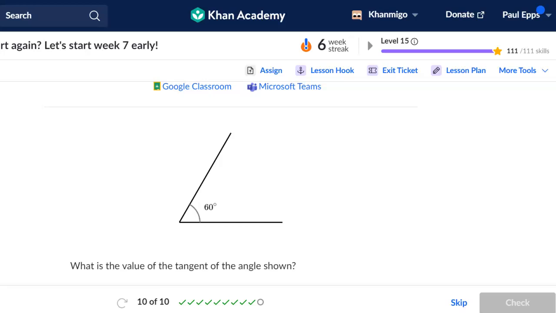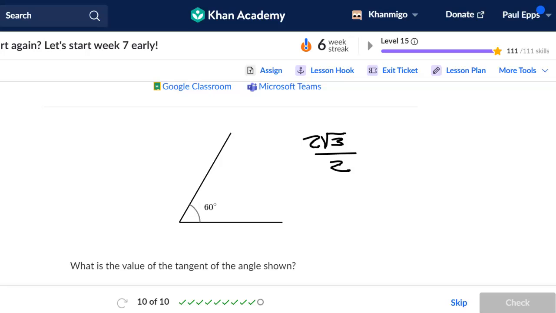So the sine of a 60-degree angle is square root of 3 over 2, and the cosine of a 60-degree angle is 1/2. So you put square root of 3 over 2 over 1/2, which would be the same as multiplying it times 2.